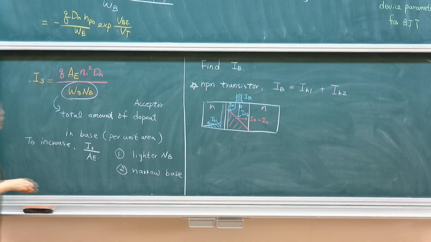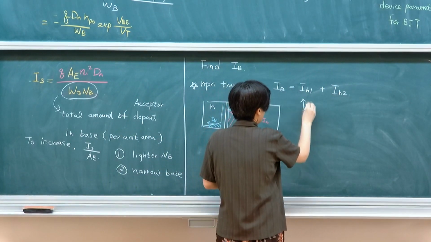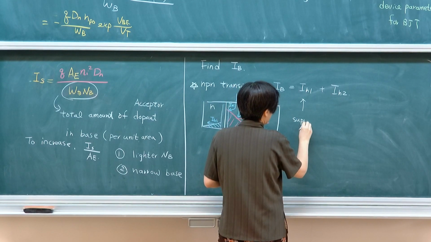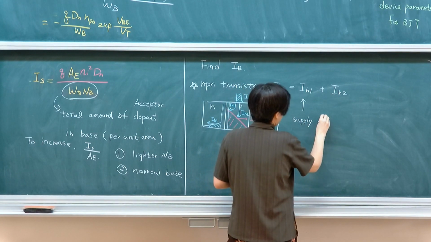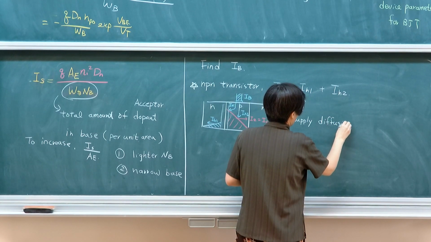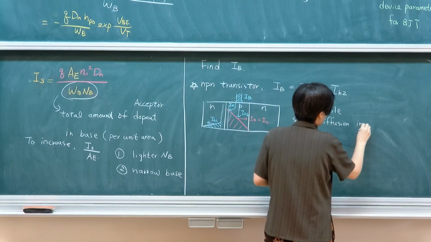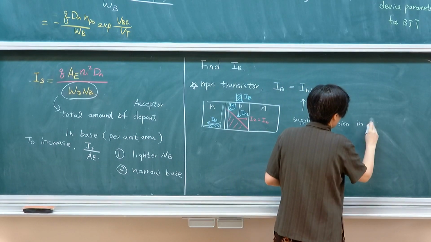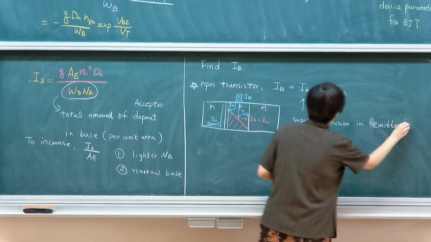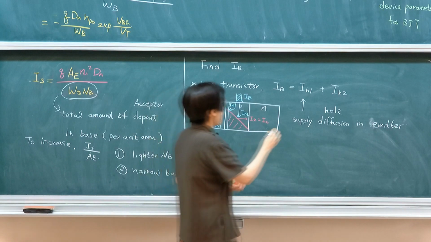Okay? So IH1 is to supply hole diffusion in base, in emitters. Now what is IH2?